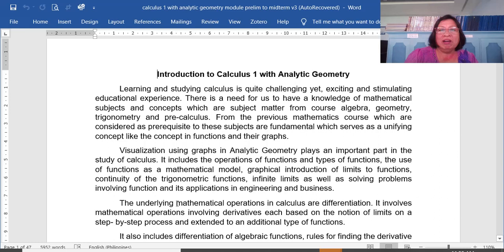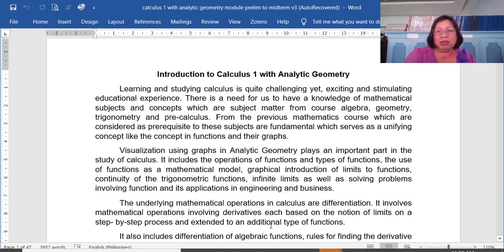The mathematical operations in calculus are differentiation. In this subject, you are going to differentiate the given functions. It involves mathematical operations involving derivatives.